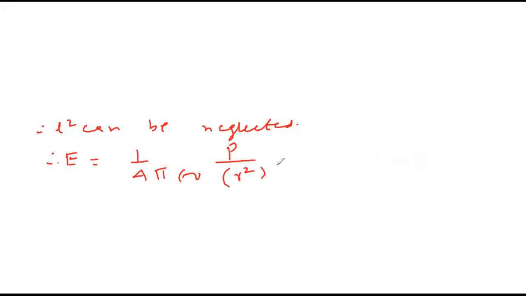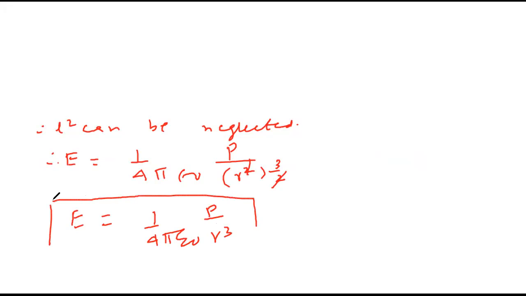So E equals 1 upon 4 pi epsilon naught P upon R square raised to 3 by 2. This power will get cancelled. So it is nothing but 1 upon 4 pi epsilon naught P upon R cube.